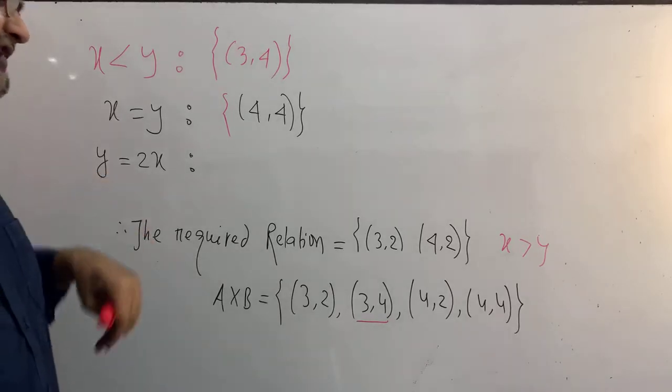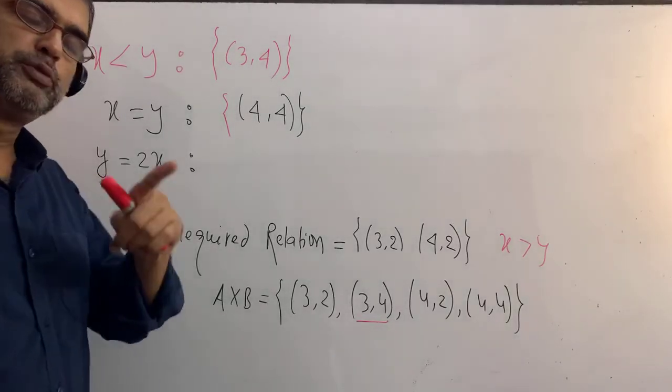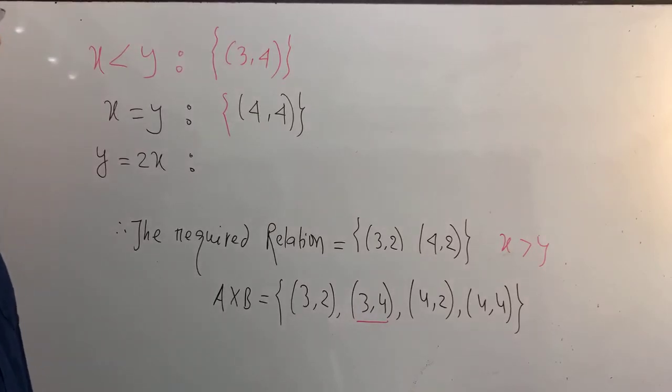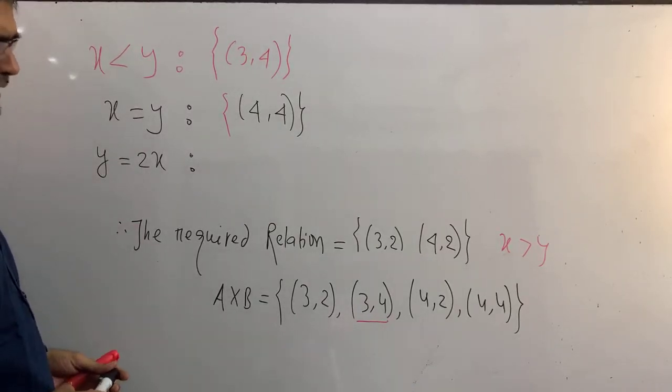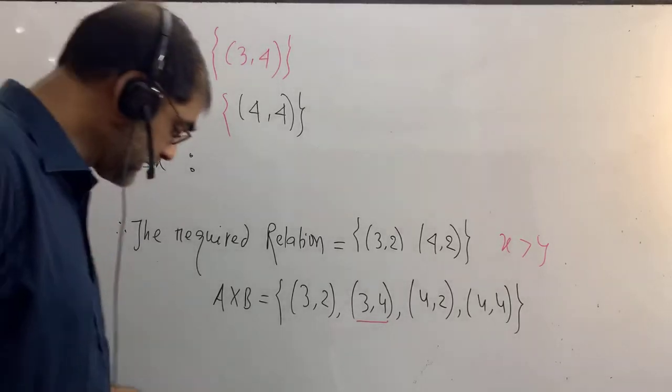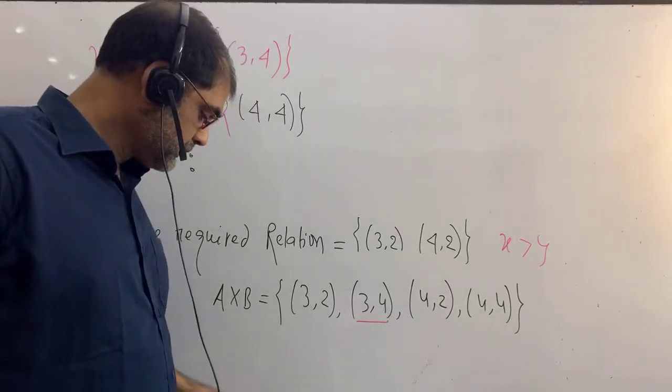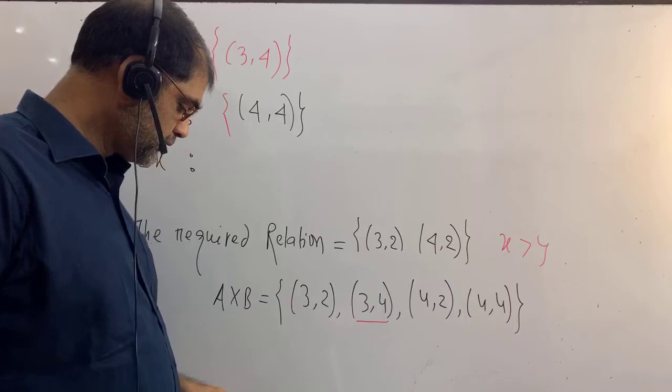Y equals to twice x, then what should be our answer? Can you tell me please? You see, y equals to 2x means what at first? I am not getting any answer.